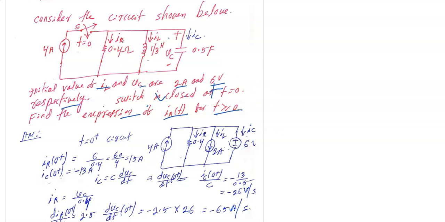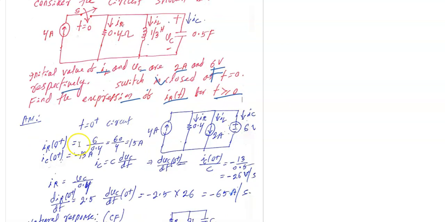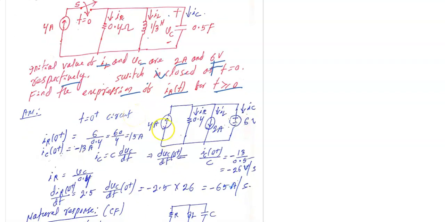So first of all, I have told you that we need to find the initial currents. At t equal to 0, the circuit becomes like this. The initial current through the inductor will be replaced by a current source of 2 ampere, in the indicated direction. Then the voltage across the capacitor is 6 volt as shown in the figure.